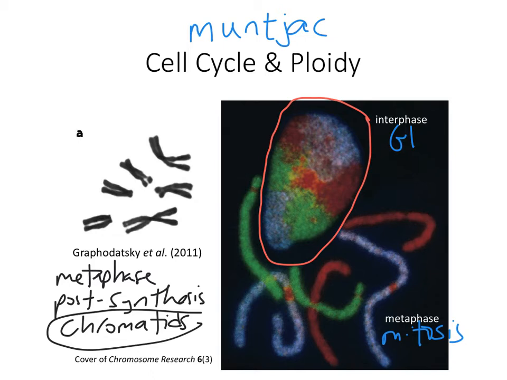So these are chromatids, but remember, a chromatid is a double helix, and a chromosome is a double helix. The only difference between them is what time during the cell cycle you're looking at them. So this is metaphase, which is post-synthesis, so we're looking at chromatids. Now I'm going to number them for you, and we're going to answer your question.